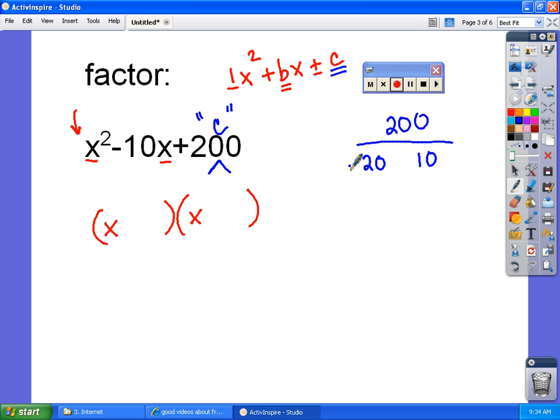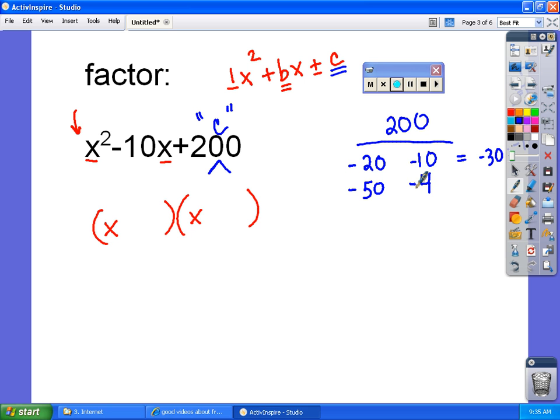So, for instance, two of the factors could be negative 20 and negative 10. But when you add those, you don't end up with the original problem. Oh, and you know what? For this problem, you know that these add to negative 30, so that won't work. And then you also have things like negative 50 times 4.